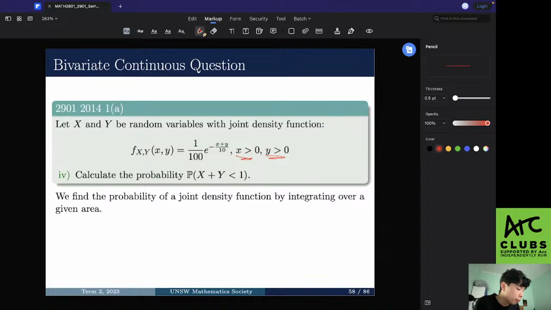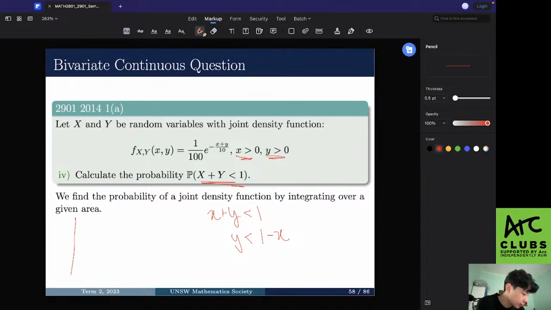Then we look at the probability. In this case, it's x plus y is less than 1, which means our value of x plus our value of y has to be less than 1. And we can transform this into y is less than 1 minus x, right?